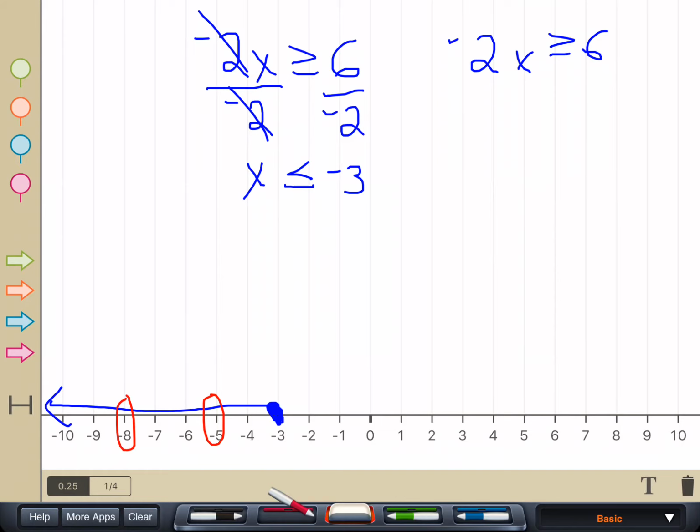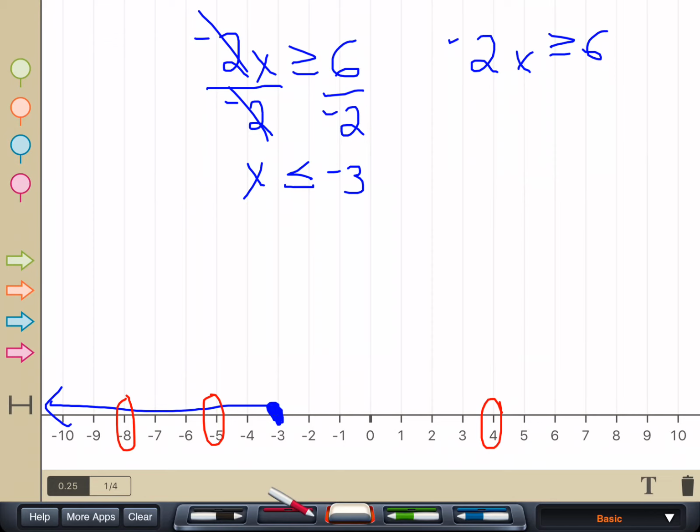Negative 2 times negative 8 is positive 16, and positive 16 is greater than 6. So that works. What happens if we try 4? Negative 2 times 4 is negative 8. Negative 8 is not greater than or equal to 6, so 4 would not work.